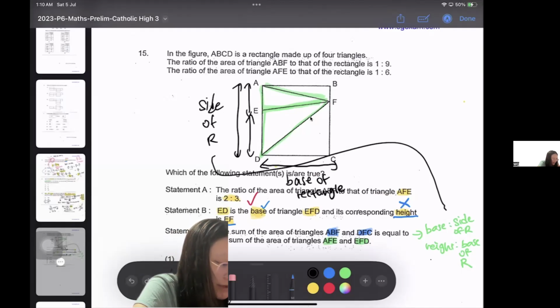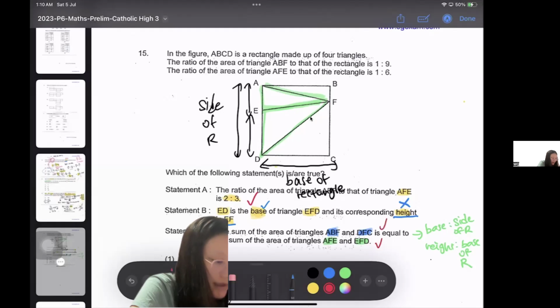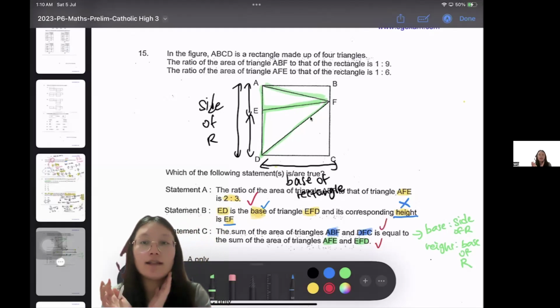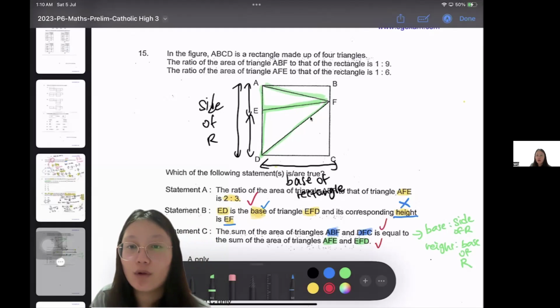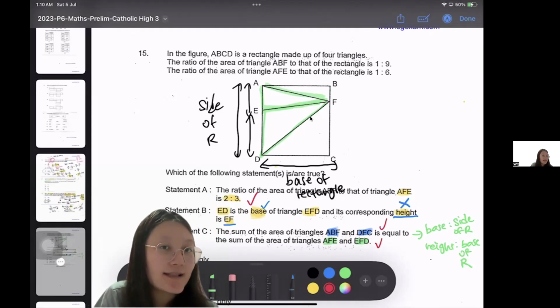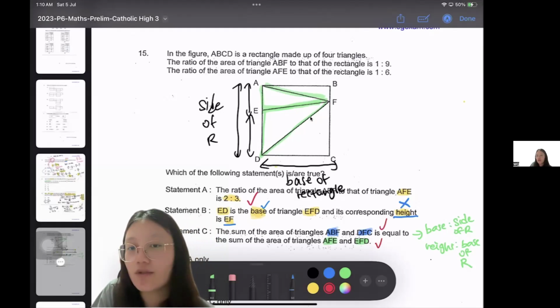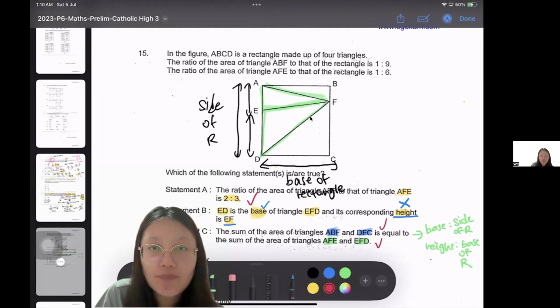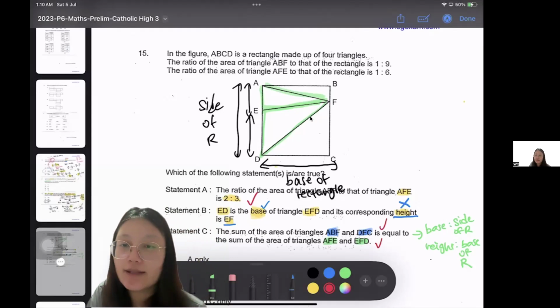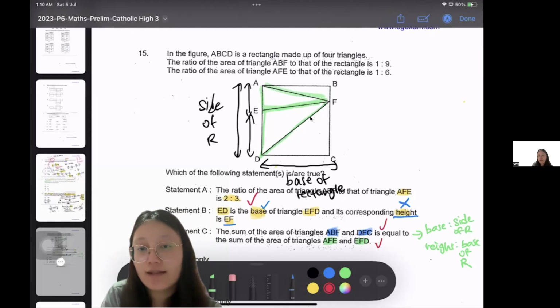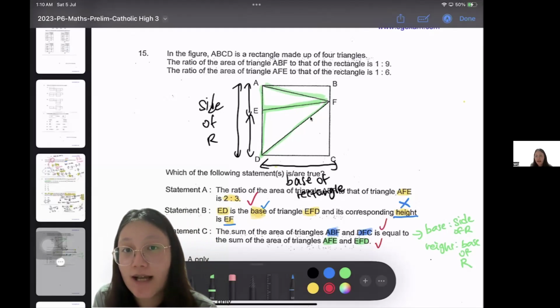So if they share the same base and the same height, that means this statement is correct. ABF and DFC are equal. Why? Again, because as you can see on the screen, AFE and EFD have the same side, which when you add their sides together, is the side of the rectangle.